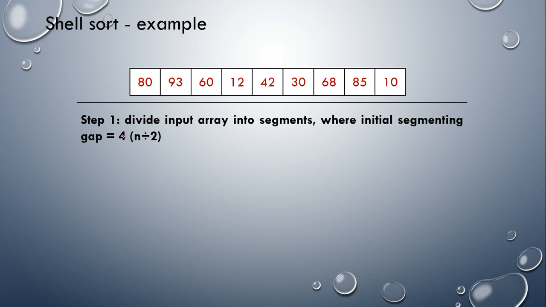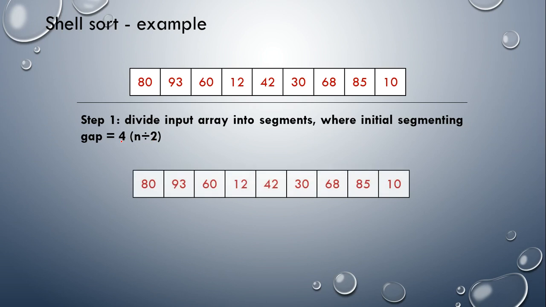Now we find the gap for segmentation, or for comparison at a fixed distance, by using a variable gap. Gap is equal to n by 2. Here n is 9, so 9 by 2 is 4.5. So we take it as 4. Now we compare the elements at a fixed distance, that is 4.